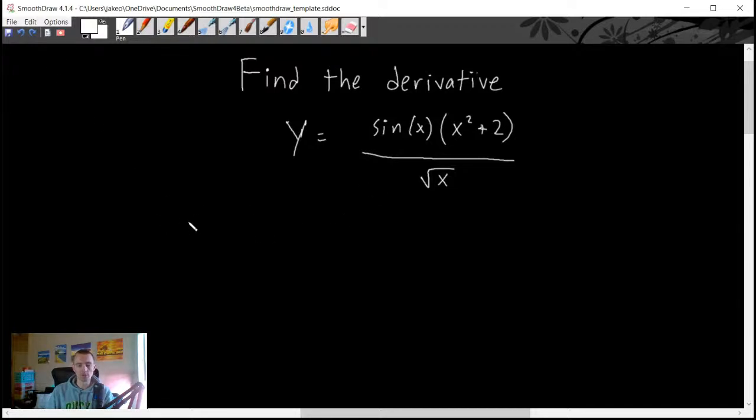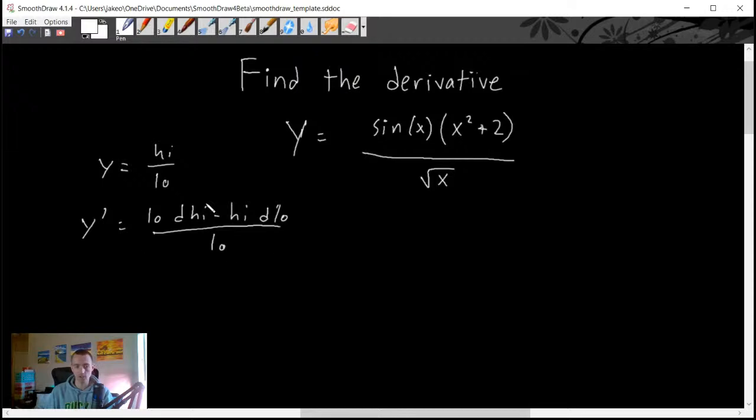The formula for quotient rule says if y is high over low, the high part of the fraction over the low part, the derivative of that is low d high minus high d low, all over low squared.